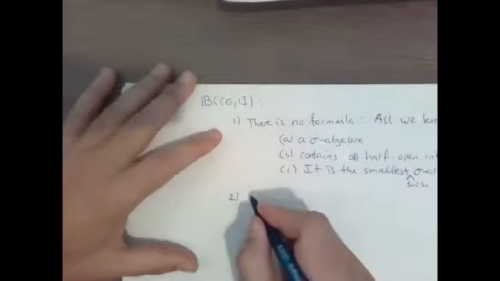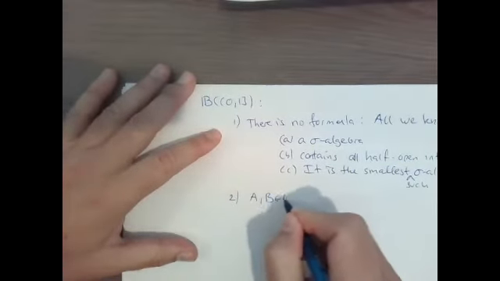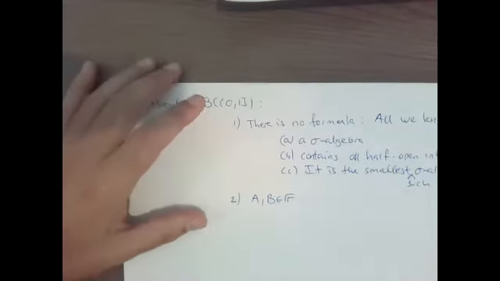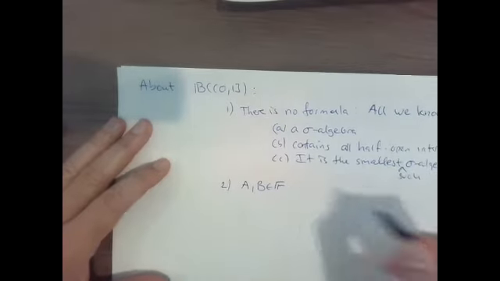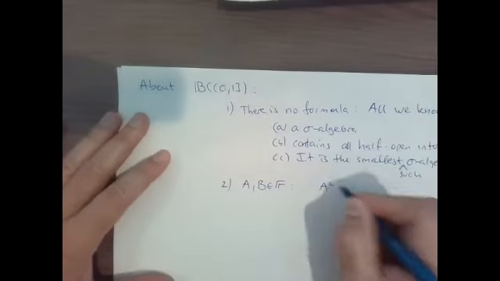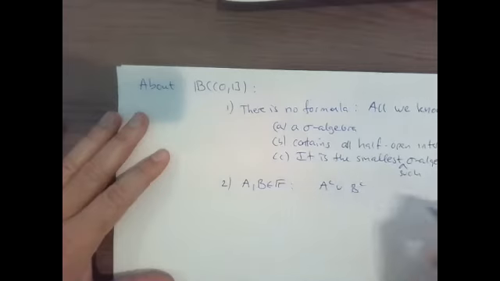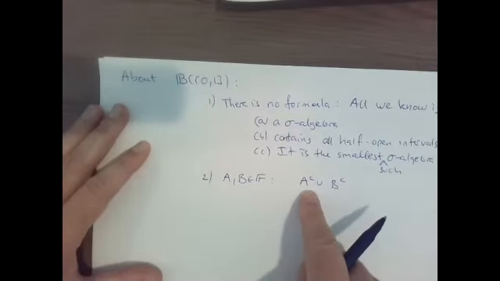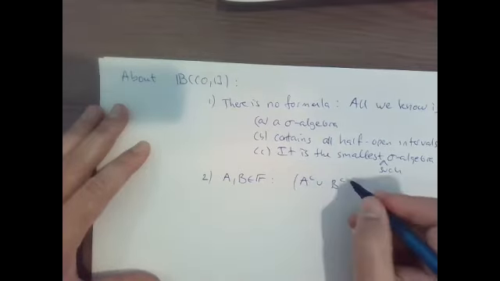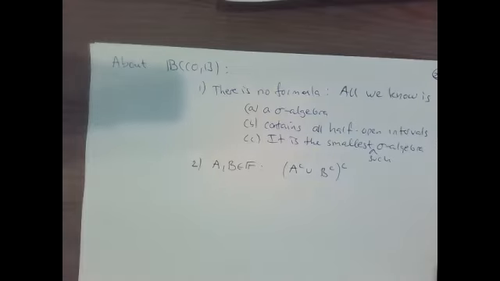If I take 2 sets A and B inside a sigma algebra, the complement of A is in there, and B's complement is in there. If I take the union of those, it's in there, and then taking the complement again, this is going to be an element inside here.